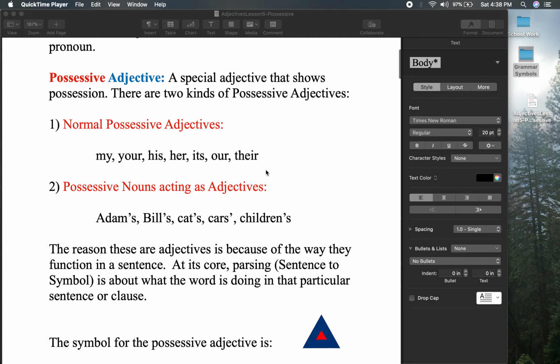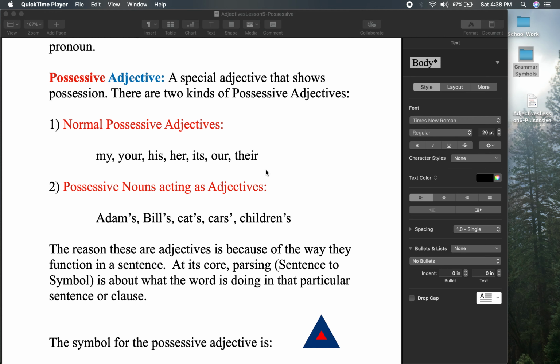The way I like to think about grammar is you're always thinking about what a word is doing in a sentence. I can say, I had a pineapple today, and pineapple, of course, is a noun, but if I said I ate pineapple pizza, pineapple is an adjective. So it all depends on what the word is doing in the sentence.